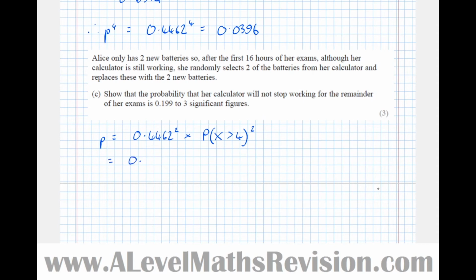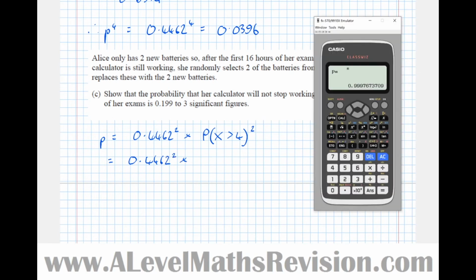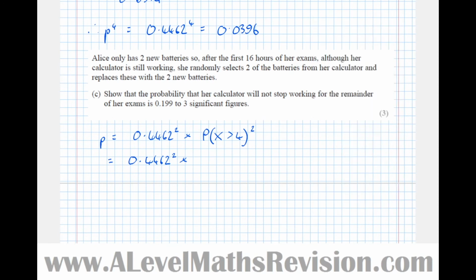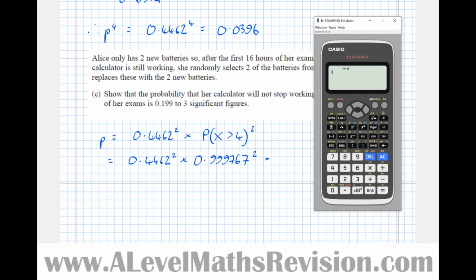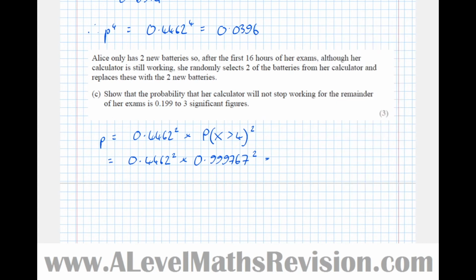So we have 0.4462 squared times, and that'll be stored in the answer button, 0.999767 squared equals 0.199. So we've shown it.